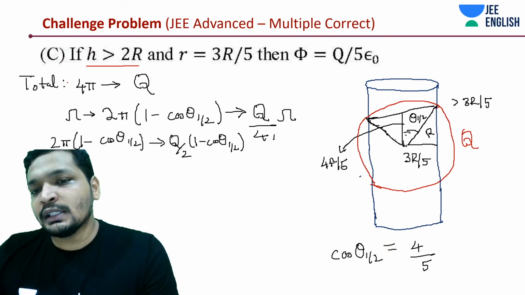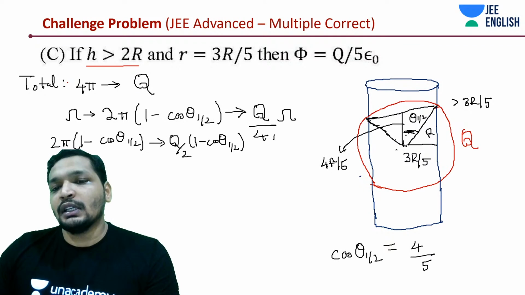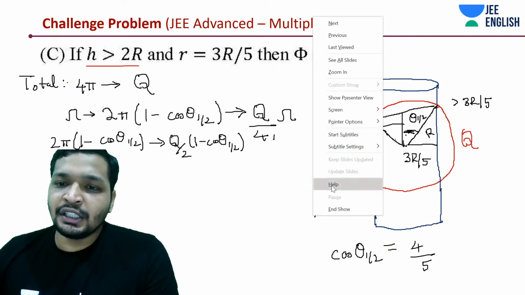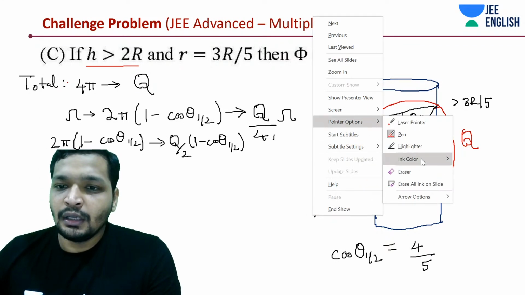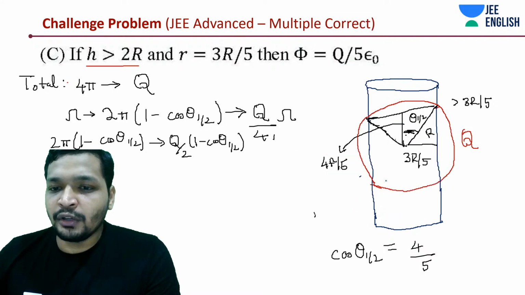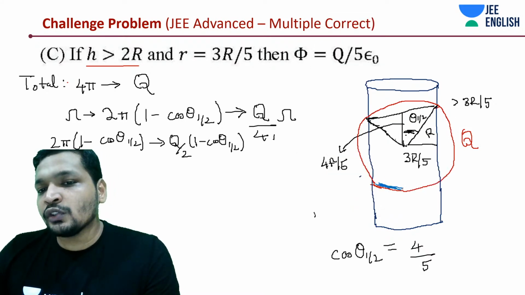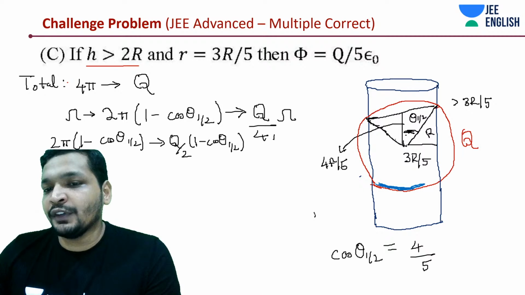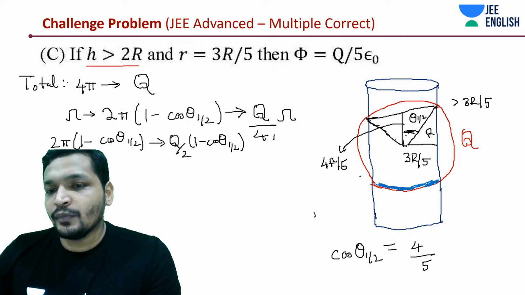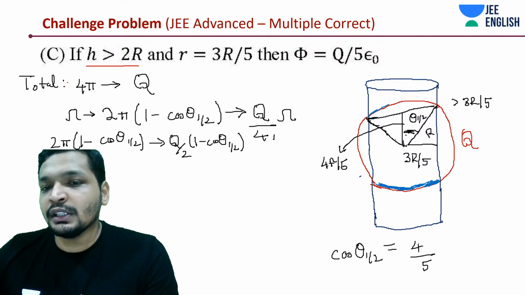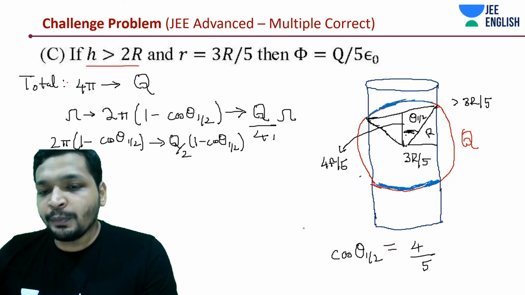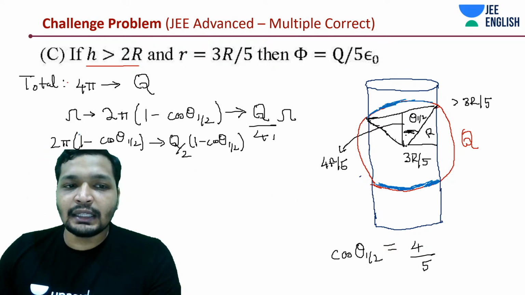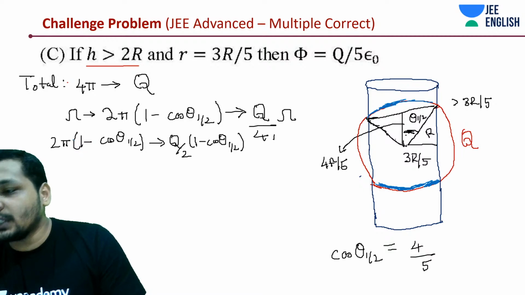One more thing is, if you noticed, there is another such shell on the bottom, which is also of the same surface area. So basically you have to multiply this entire charge by 2 to find out the amount of charge contained in it.